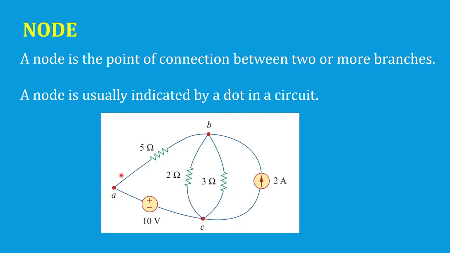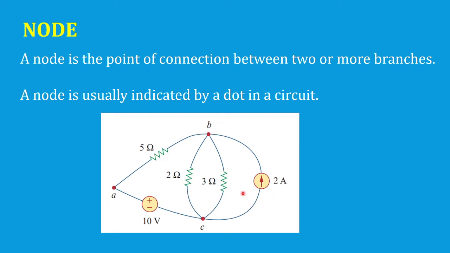Now we have node B, which connects a 5 ohms resistor, a 2 ohms resistor, a 3 ohms resistor, and a 2 amperes current source. And node C connects a 10 volts voltage source, a 2 ohms resistor, a 3 ohms resistor, and a 2 amperes current source.